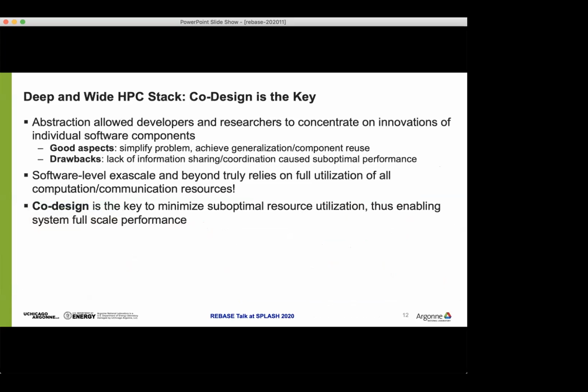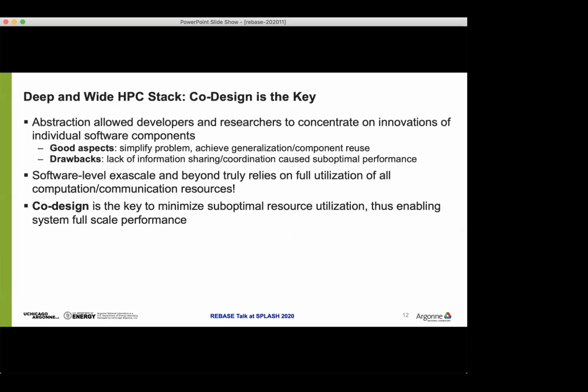There are some good aspects: we simplify the problem, so each layer of developers can handle their job relatively easily. We can also achieve generalization and component reuse. For example, we have the communication subsystem, IO subsystem, OpenMP. They can all be used by many different applications. Those are all the good aspects.